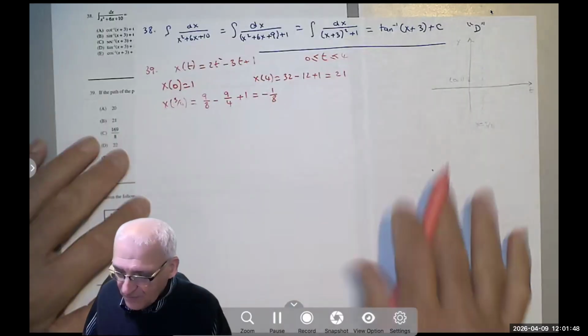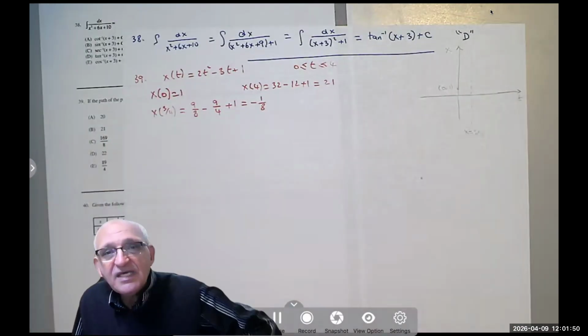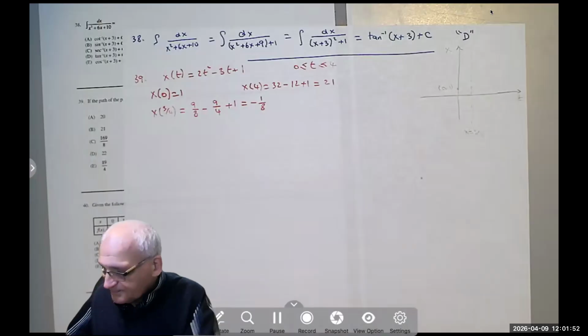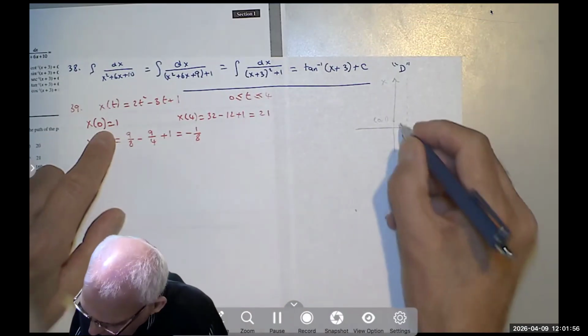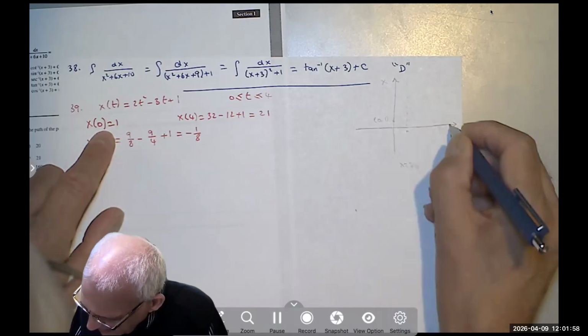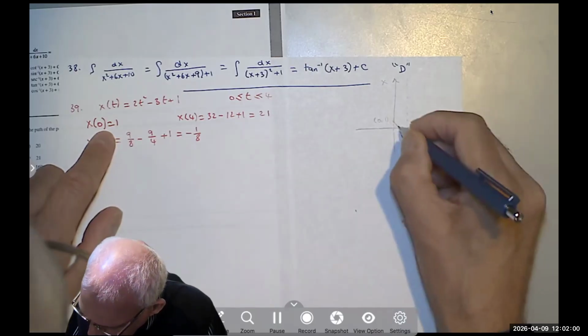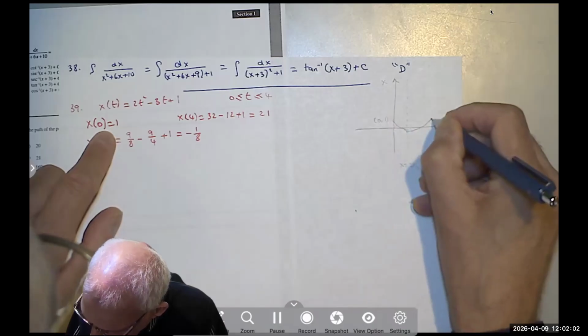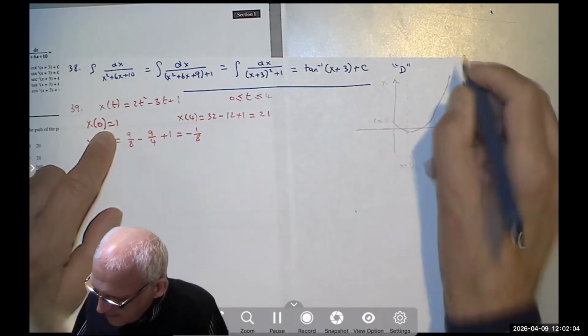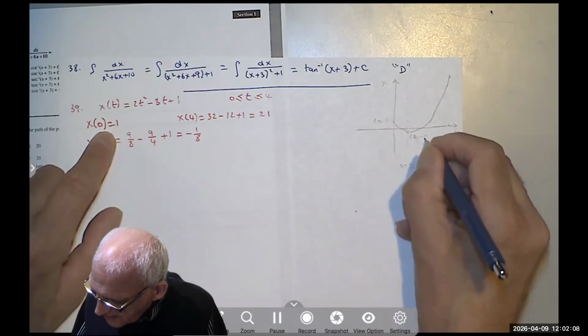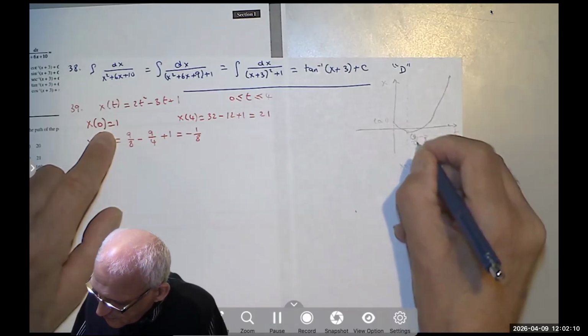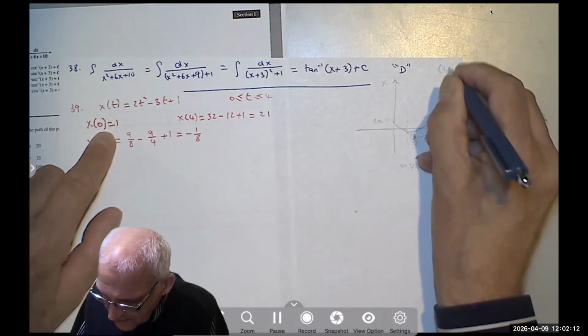So let's see what we get. How do we calculate the total distance? This thing is going from 1 to negative 1/8. Then at 4, it's going up. Oh, I'm sorry, 1 and negative 1/8 at 3/4 even, not 1. And then 4 and 21.